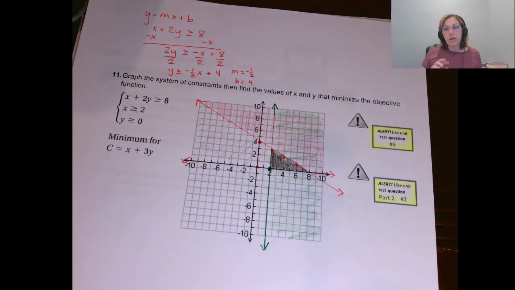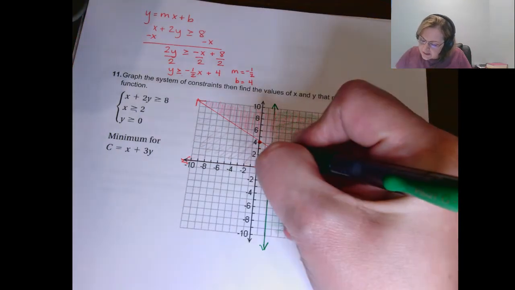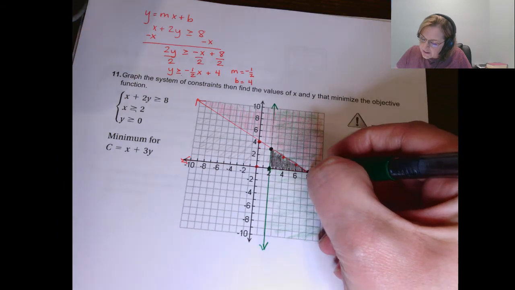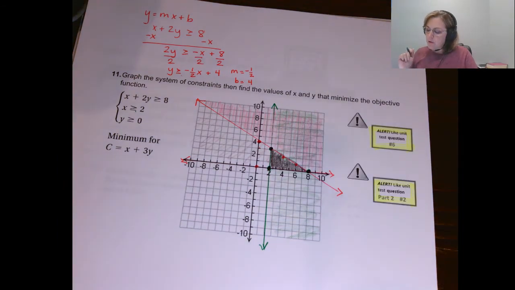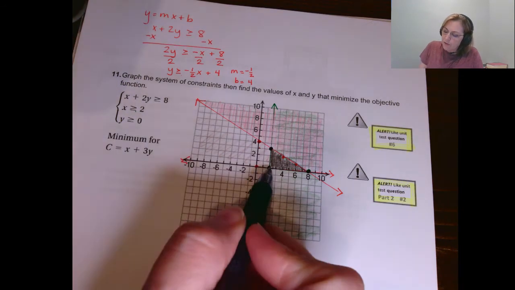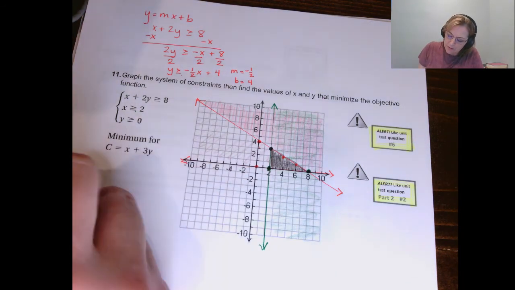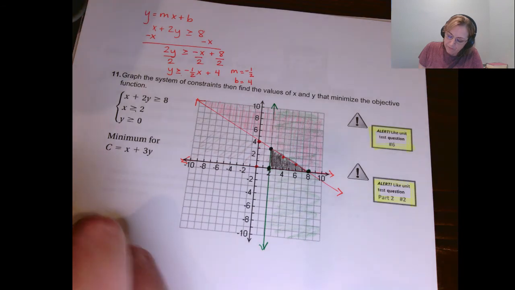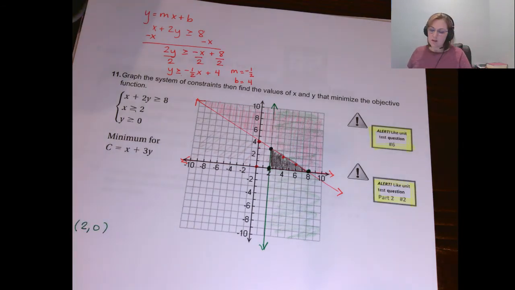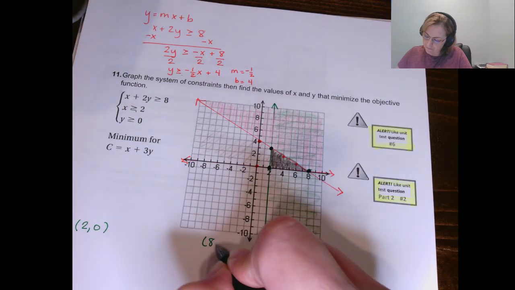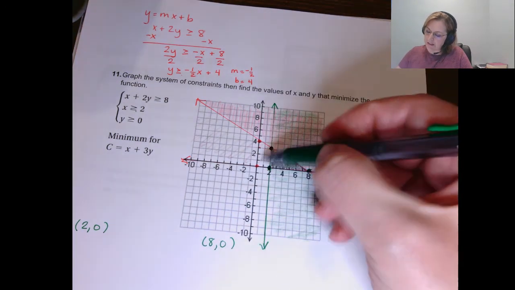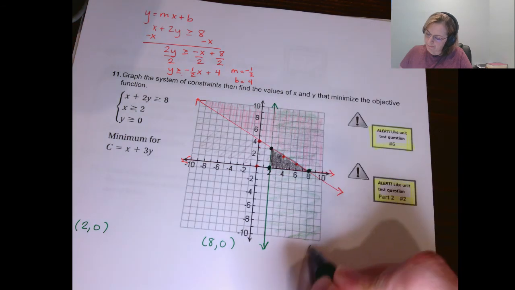Now, once you do all of the hard work to get it graphed, the important points are those key vertices, we call them, where this region is kind of bounded by. So let's write those coordinates. This first one is 2, 0. And then this one over here would be 8, 0. And this one here would be 2, 3.